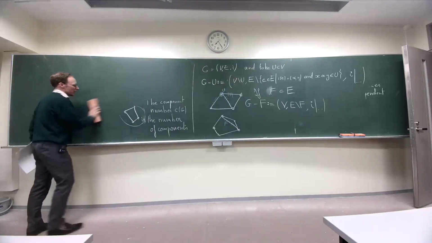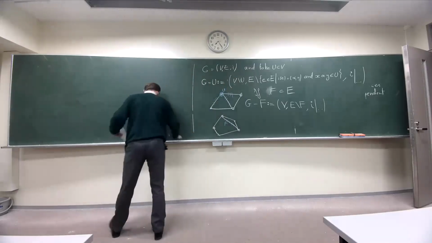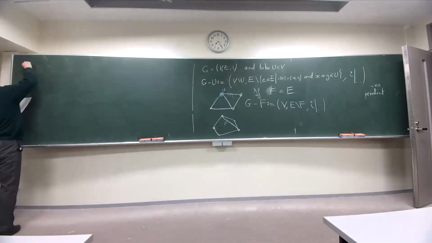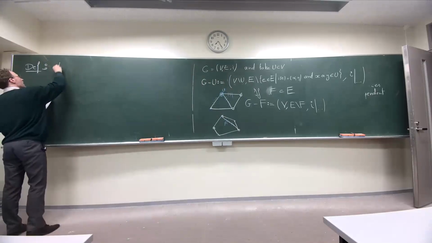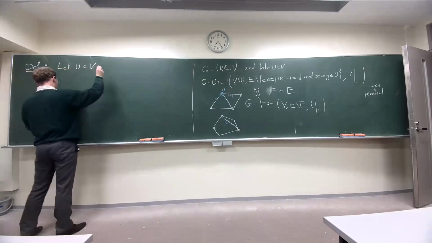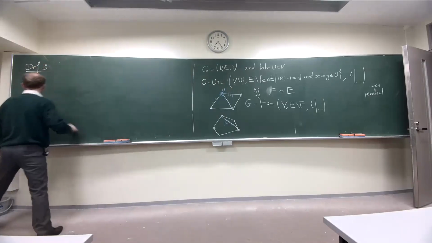What is a cut vertex, a cut edge, a bridge? I have to explain a few definitions now. Stop questions, please. So let U be inside V. It's a long definition, so I need several points.